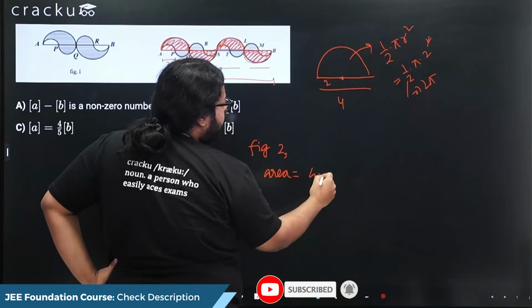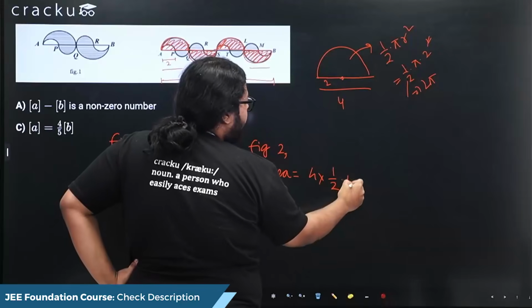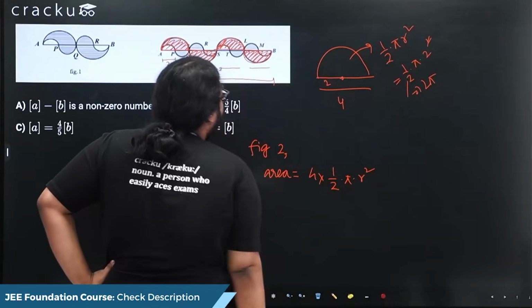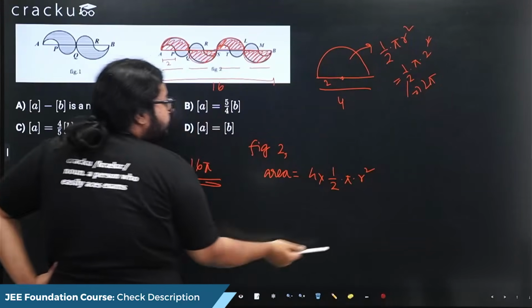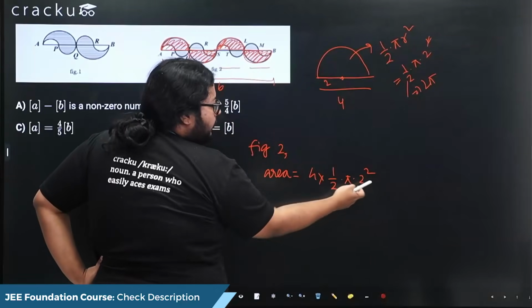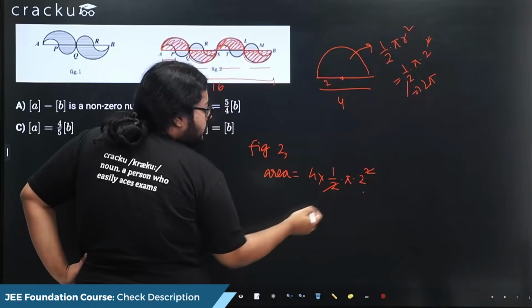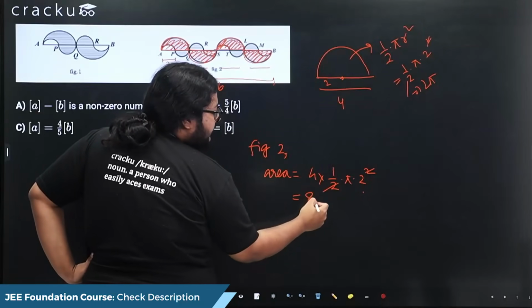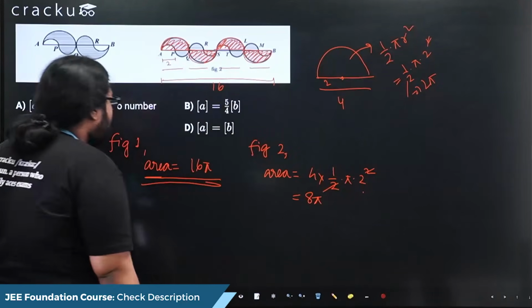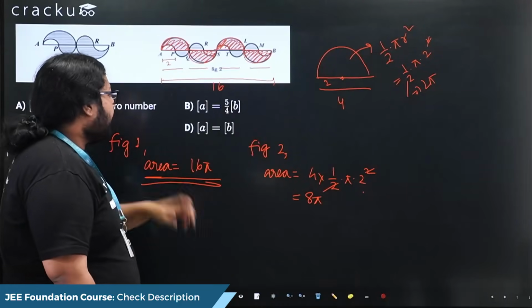So 4 times, what is the area of a semicircle? Half pi r square. R is what here? 2. So half pi 2 square. So this is 4. 4 by 2 is again 2. So I just cancel this anyways. So figure 2 ka area is basically 8 pi. So I have figure 1 ka area is 16 pi. Figure 2 ka area is 8 pi.